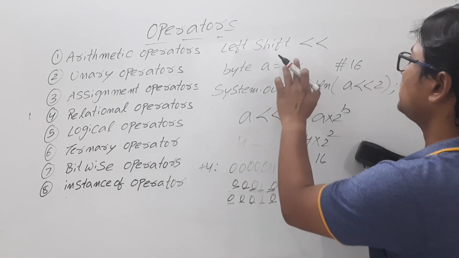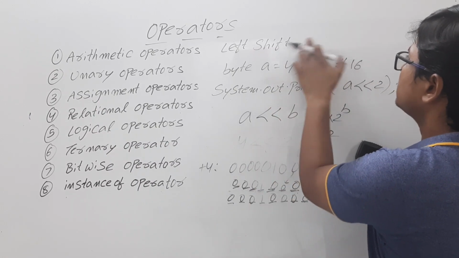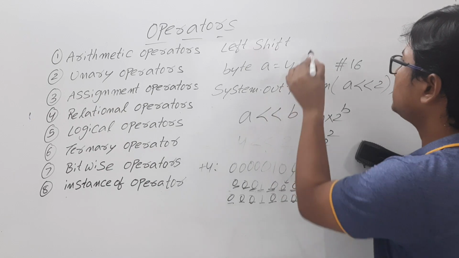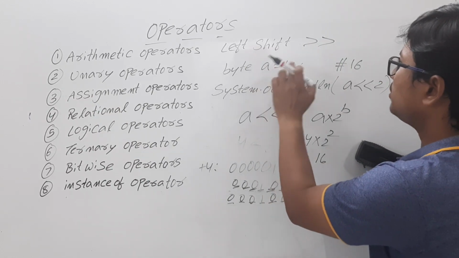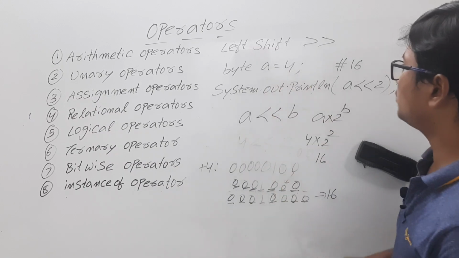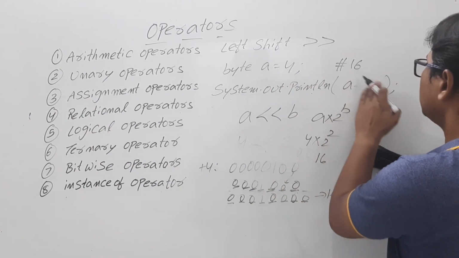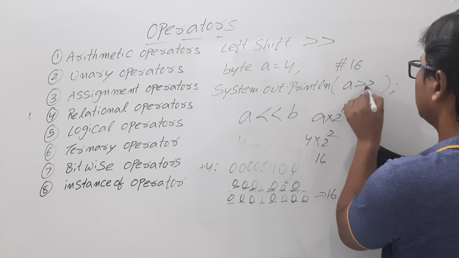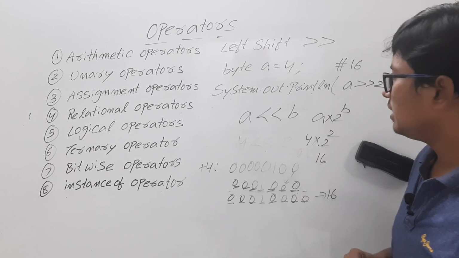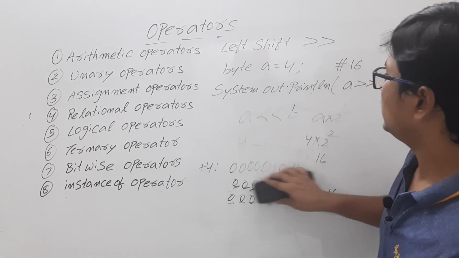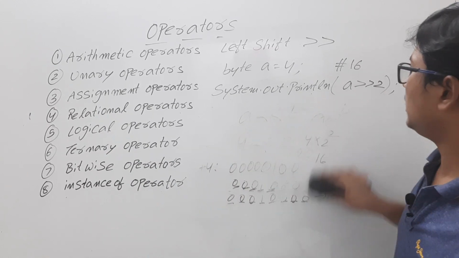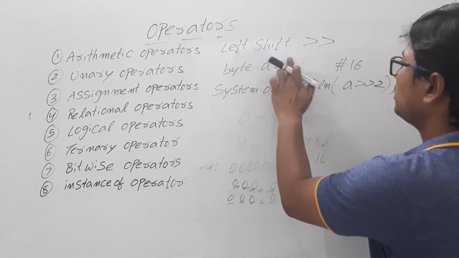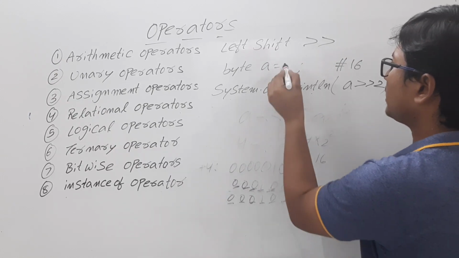Now similarly, if I ask you to discuss the signed right shift, you need to perform the right shift. Now look at here, a value is 4, and if I say right shift by 2, then you need to perform 2 times right shift. Let me discuss this with a negative number for better understanding.